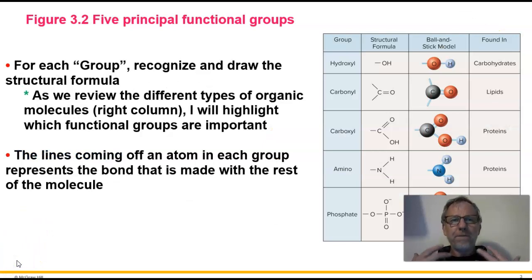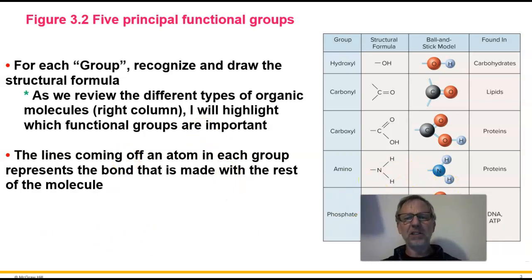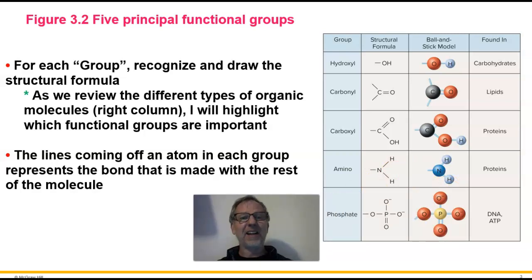There are 5 principal functional groups that you need to know about, because these are the super common ones found on organic molecules. They're listed here in this table. What's most important for you to learn at this point from this table are the groups.